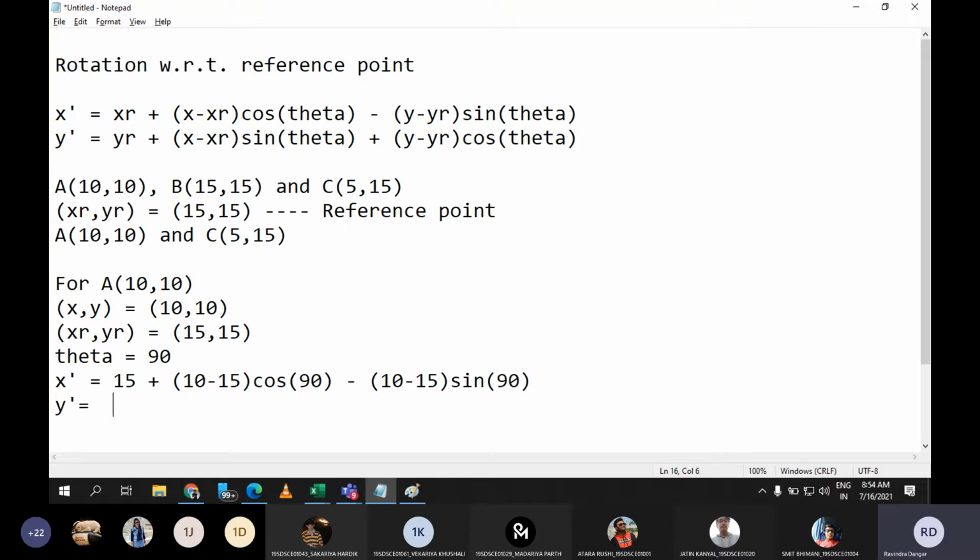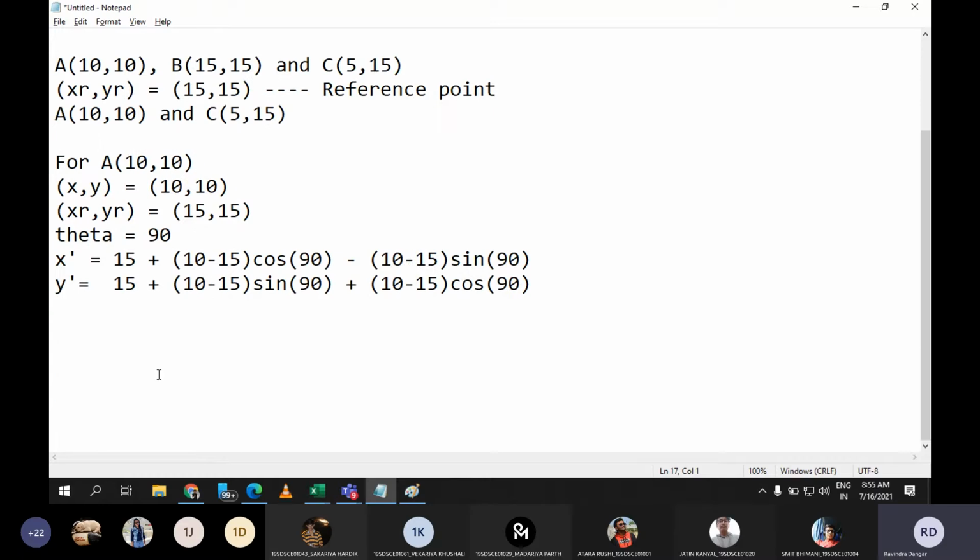Yes, sir. Same for y dash. y dash is equal to yr, which is 15, plus (x minus xr), again 10 minus 15, now instead of cos it is sin 90, plus (y minus yr), which is 10 minus 15, times cos 90. Now just solve these equations.